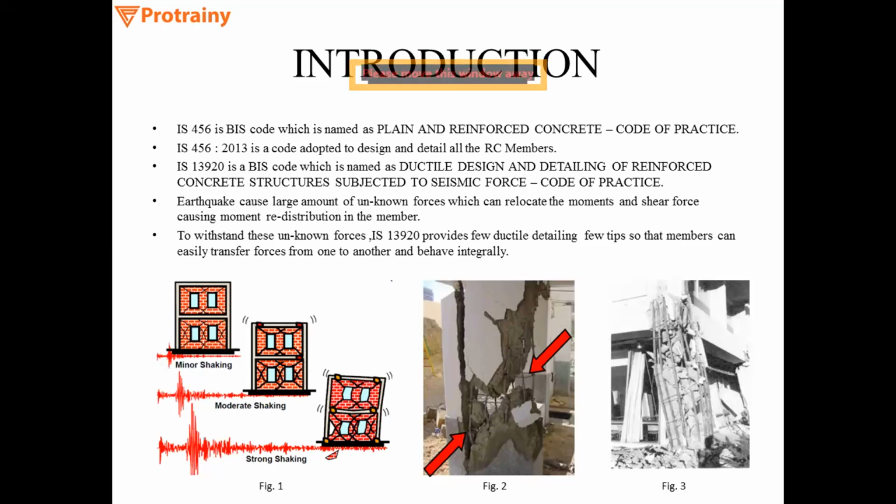In the third image, figure 3, as you can see, there is a collapse of a column, and the concrete has been crushed or cracked and broken down so severely.